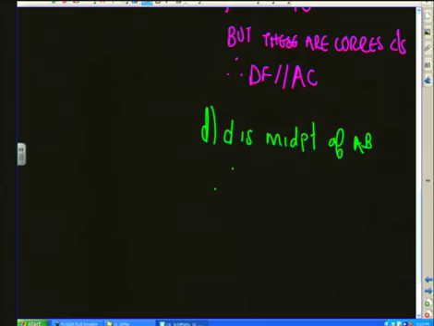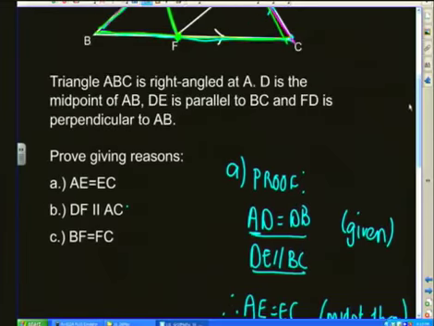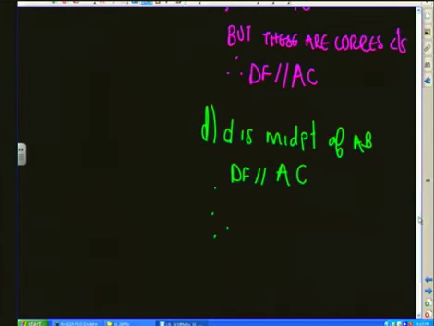We have just proved DF is parallel to AC. Therefore, that means that F must be the midpoint of side BC. So therefore, BF must be equal to FC, and that's just a deduction from your midpoint theorem.